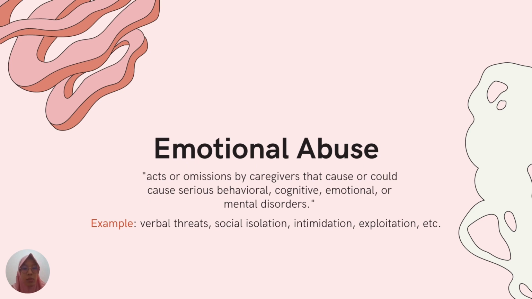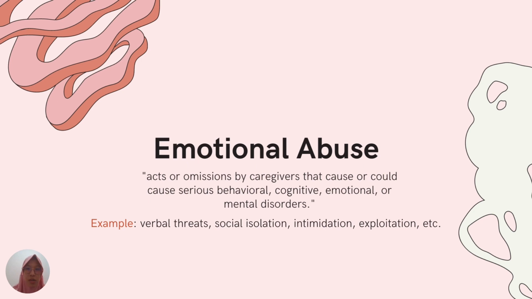And then the last major classification of child abuse is emotional abuse, which refers to the acts or omissions by caregivers that cause or could cause serious behavioral, cognitive, emotional, or mental disorders. So if we see here, in the first three sentences, it says acts or omissions.